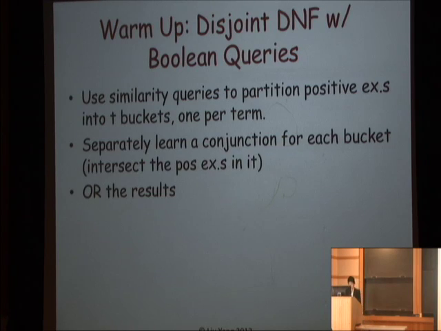So we can partition the positive examples according to which term they satisfy. Then, for each term, it is the conjunction learning problem: learn the conjunction by intersecting all these positive examples, and take the OR of the results. So for the case of disjoint DNF, it's really easy.